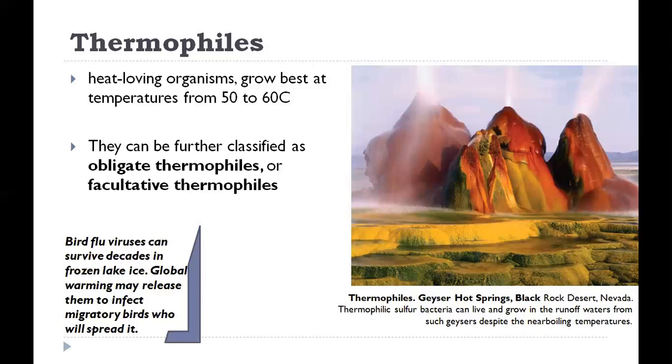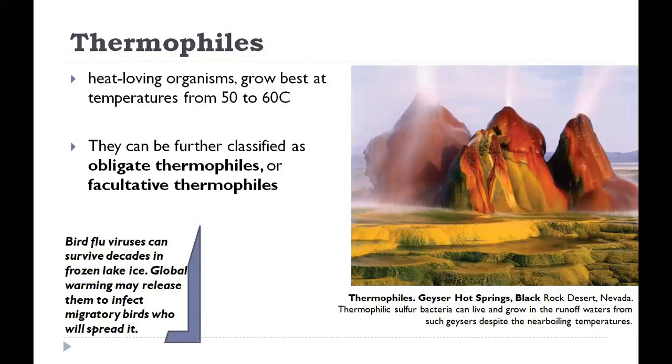So this is an example of thermophiles in the case of a hot spring at Nevada. Thermophilic sulfur bacteria can live and grow in the runoff waters from such geysers, despite the near boiling temperatures of these regions. It has also been observed that bird flu viruses can survive decades in frozen lake ice.